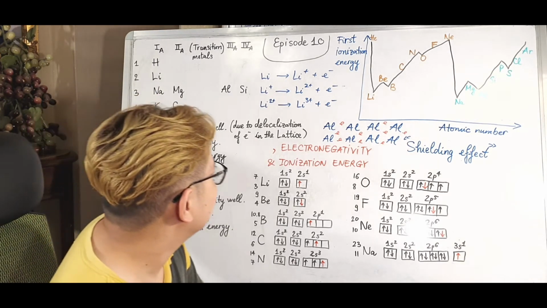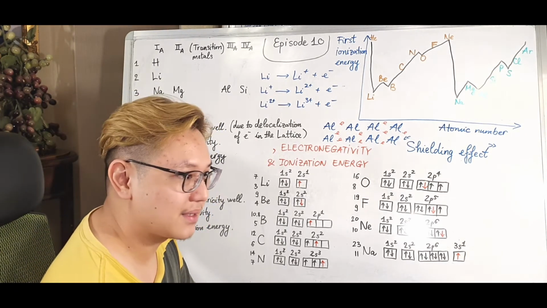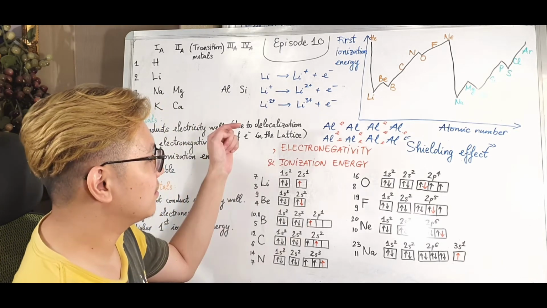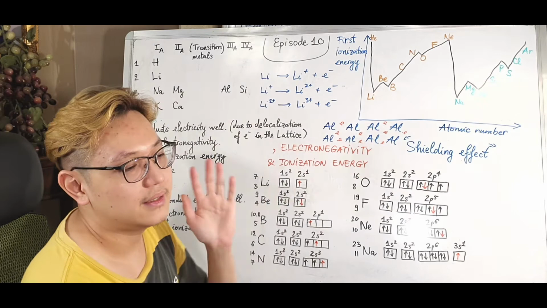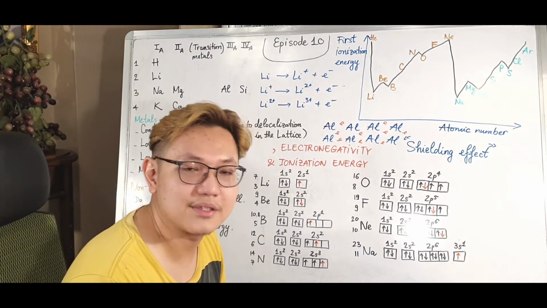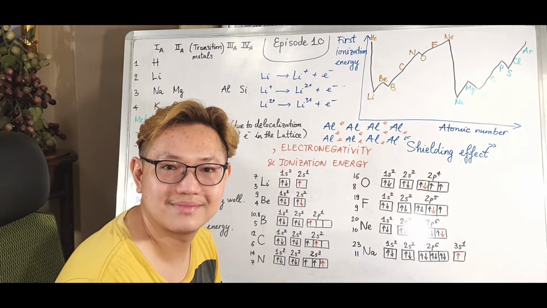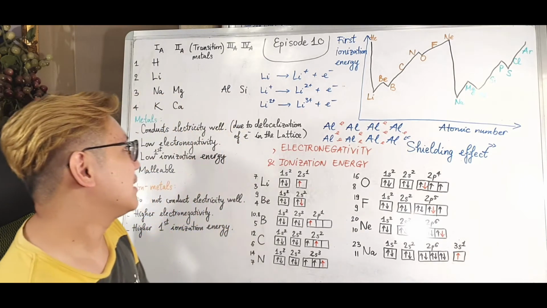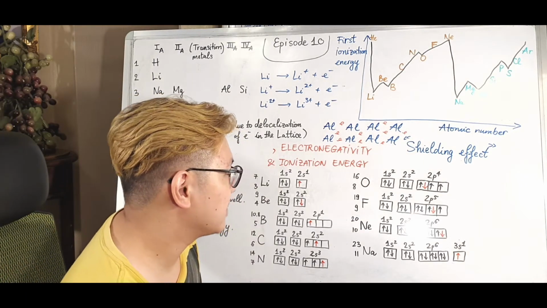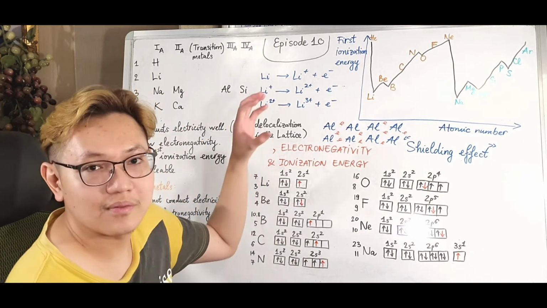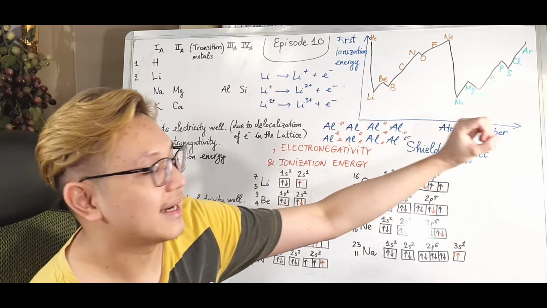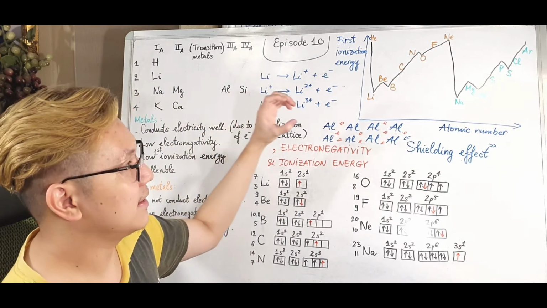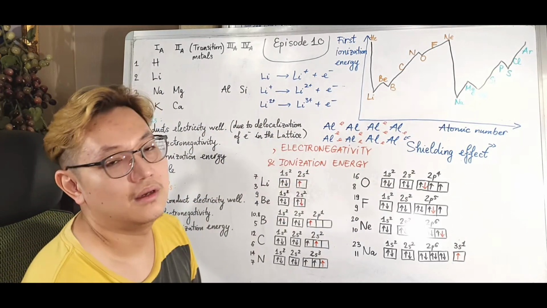Now, how about electronegativity? Why, when you go from the left to the right of the periodic table, does it increase? Who can explain that? Well, as you know from my previous video, as you move from the left to the right, the atomic radius keeps decreasing, isn't it?